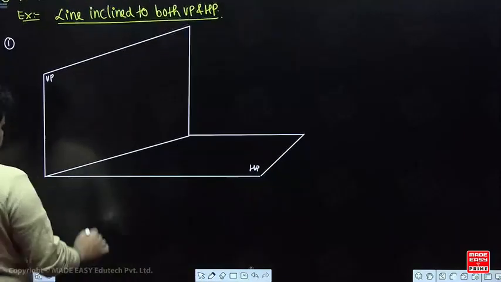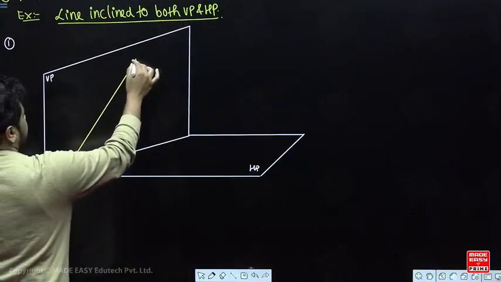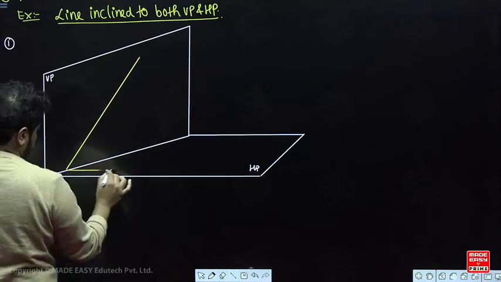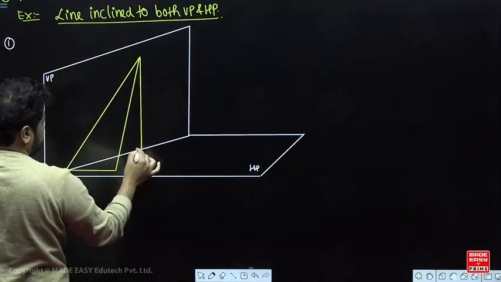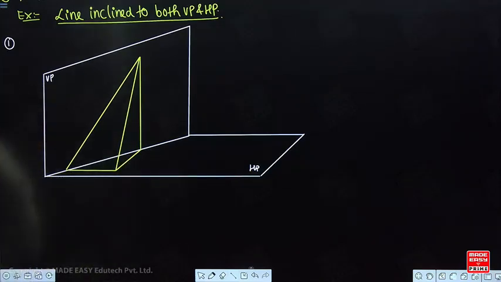Right, देखो. So after that you draw a line like this, जैसा हम बना रहे वैसा आप बनाओ. Correct.